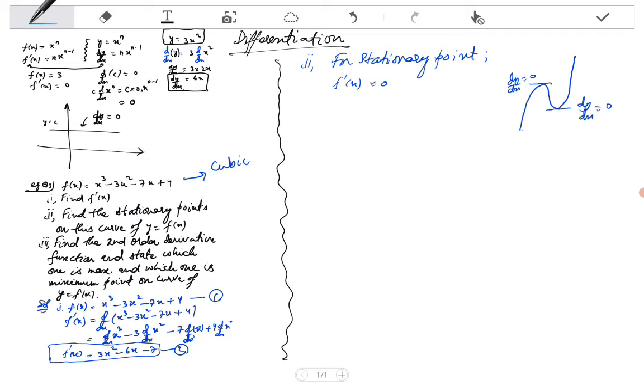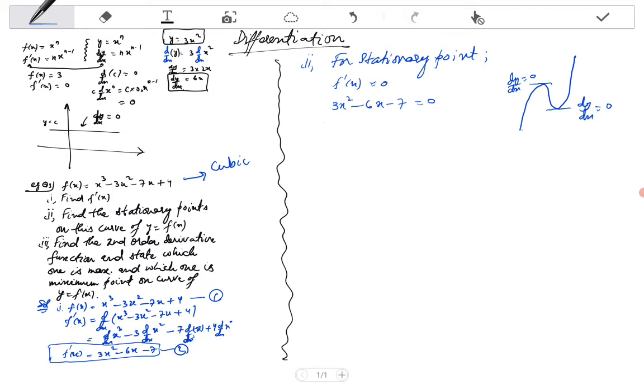So if I substitute this value of f dash of x in equation number 2 as 0, my equation becomes 3x square minus 6x minus 7 equals 0. So this is now a quadratic equation.